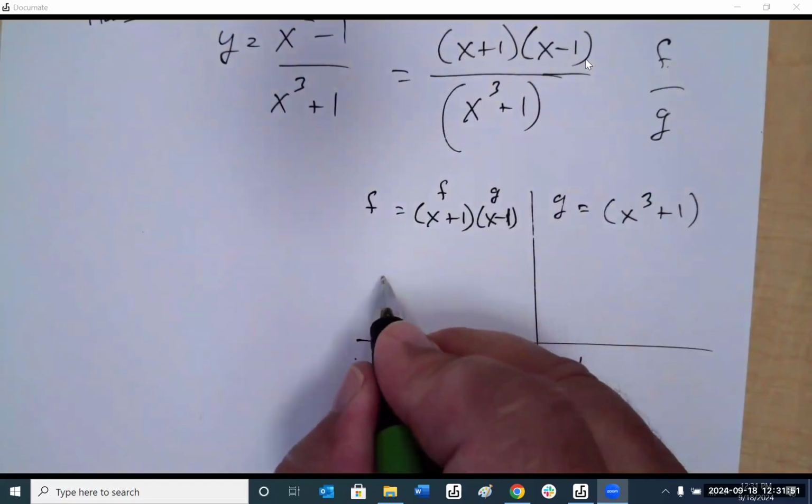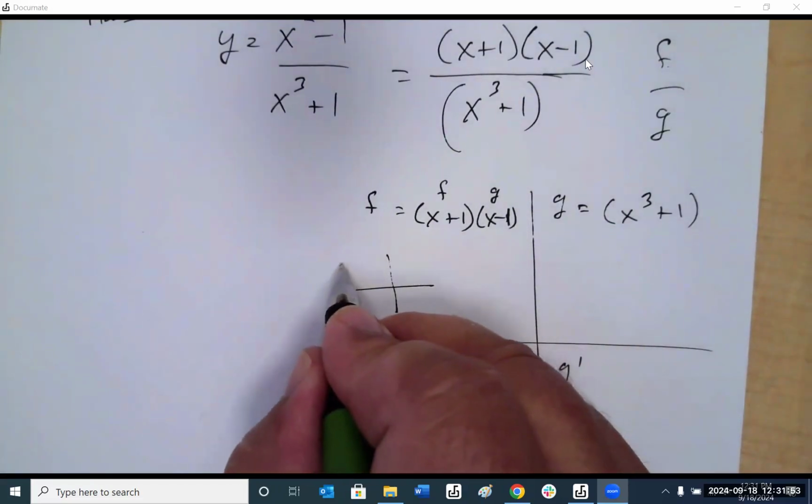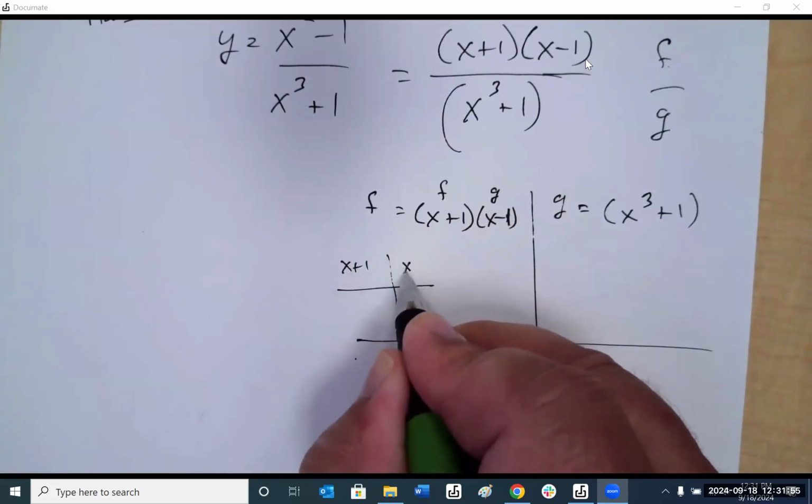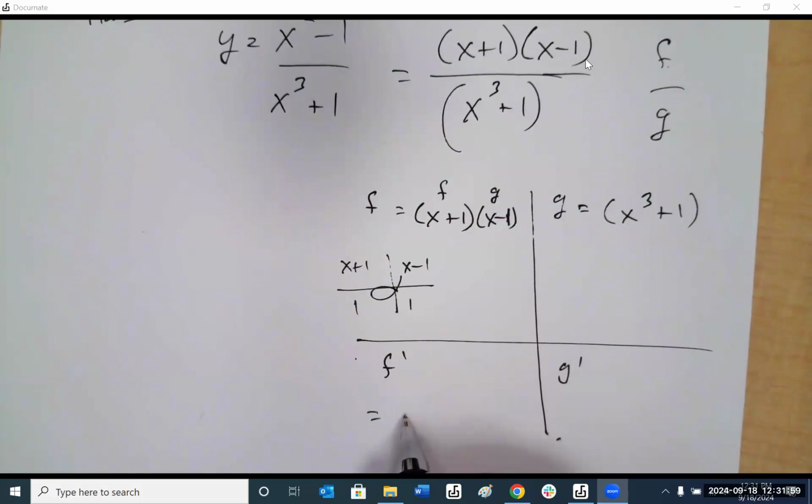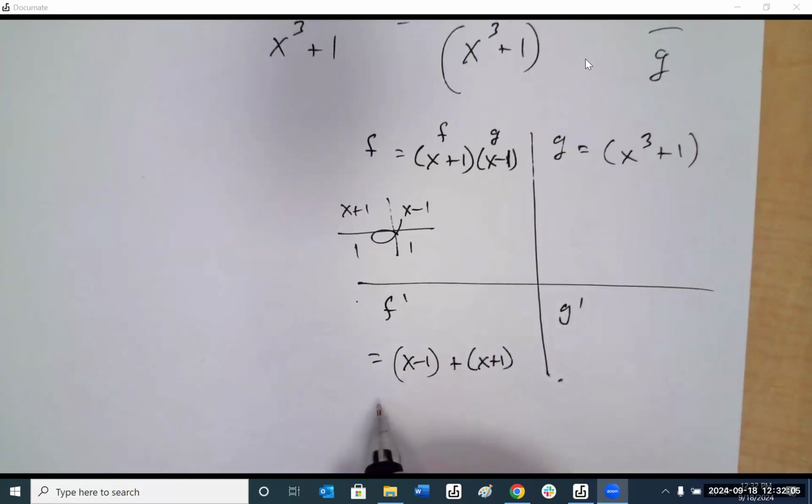So here we have to look at x plus one, x minus one, so it's x minus one times one plus x plus one times one, which makes it x minus one plus x plus one, 2x.